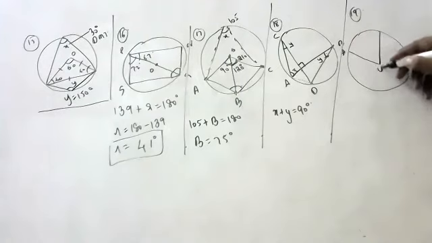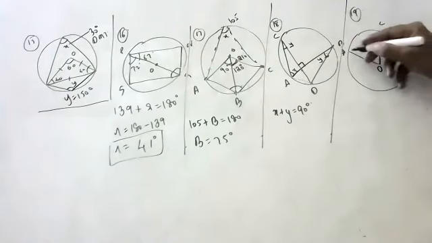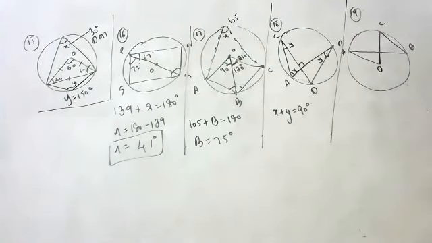Children, this is A, this is O, this is C, this is B, this is A. This is 45 degrees. Lahari, can you help me on AOC?